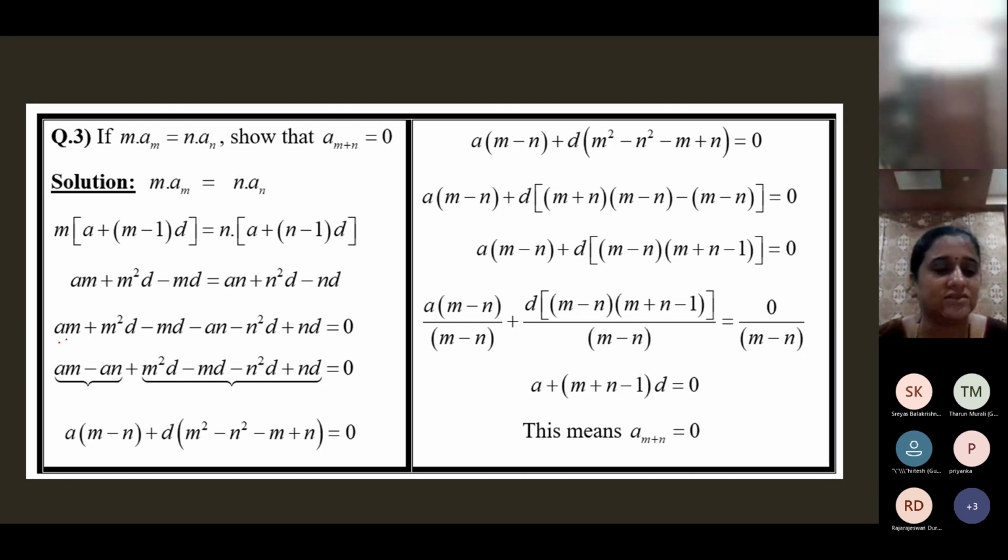Then you can see that this term and this term, they have A in it. And the remaining terms have D. There are 6 terms in all. 2 terms have A and the remaining 4 terms have D. So I've grouped it like that. So AM minus AN, then plus M square D minus MD minus N square D plus ND is equal to 0.